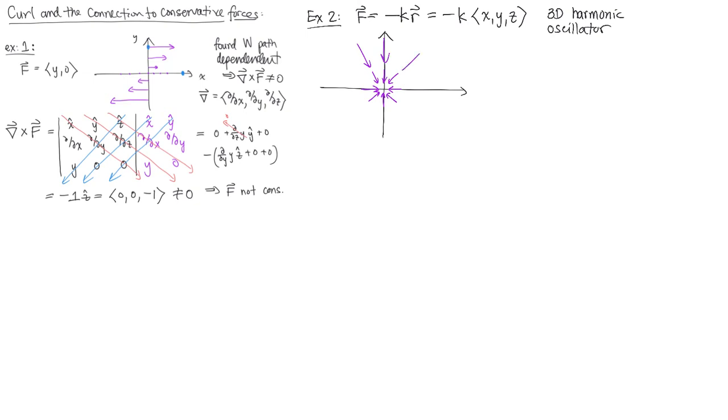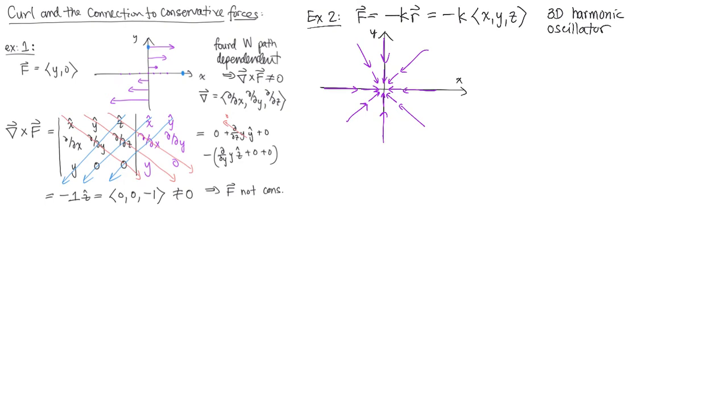And here I'm just drawing it in 2 dimensions, but really this is a 3-dimensional force field. Okay, so maybe this is the x and y dimensions. It could be any pair, actually. Okay, so what we found for the paths that we had considered was that the work seemed to be path independent, but we only considered 3 different paths.